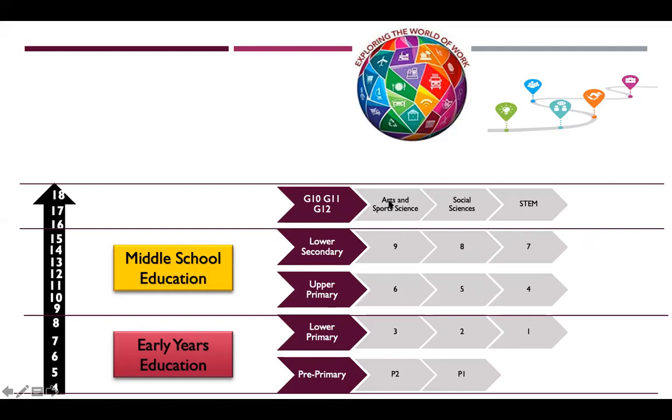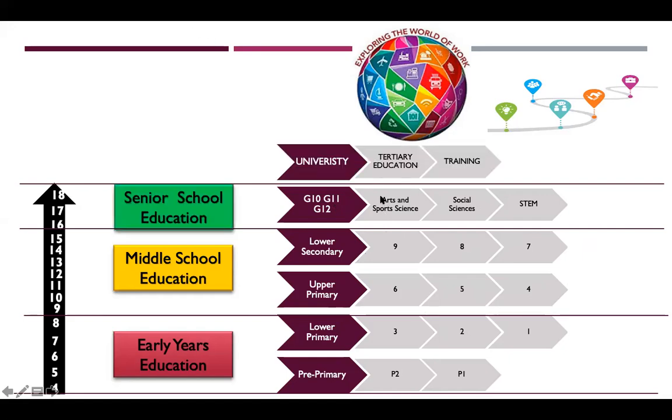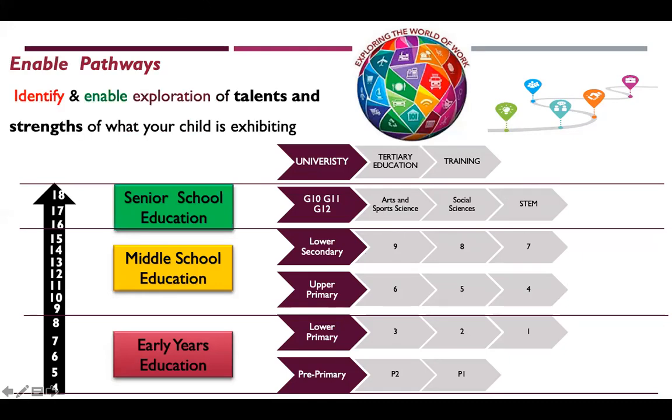Why am I saying a blend of each? For instance, if we are helping our children identify their pathways, we have to try and help them explore those pathways and be able to help them explore on talent. And you know that talent is innate. So if a child has an innate talent, for instance, in sports, this child looks to be good in athletics, you may want to help them by enabling opportunities for them to improve their talent.